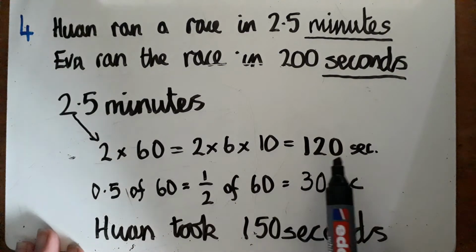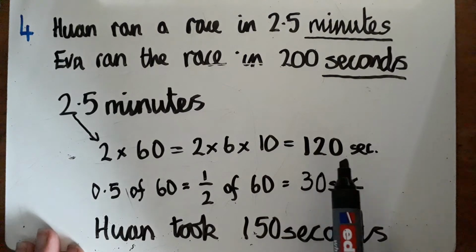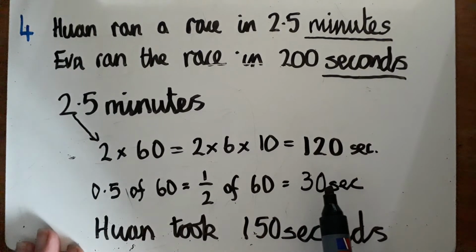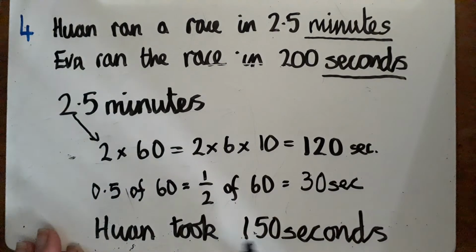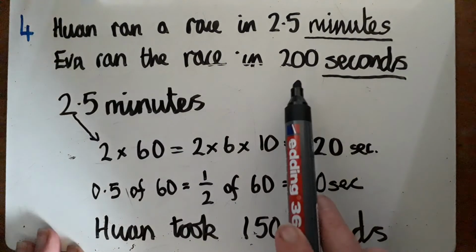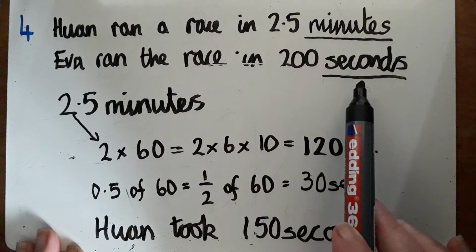If you can't, go from 120, add on 3 lots of 10: 120, 130, 140, 150 to give you 150 seconds. So straight away now I can say who won the race, because it took Juan 150 seconds and it took Eva 200 seconds.